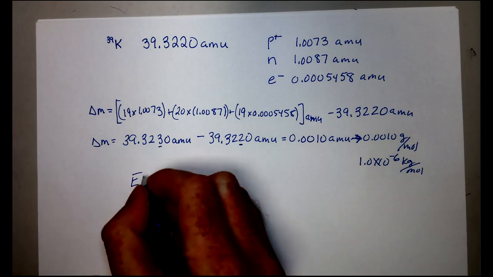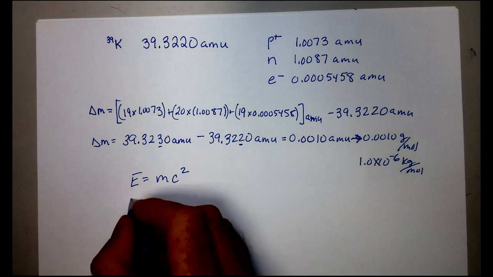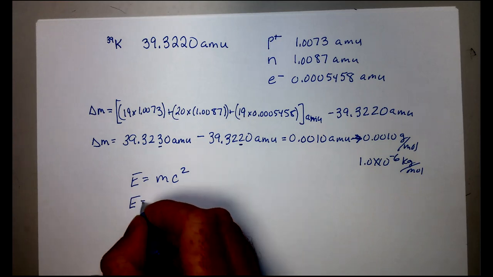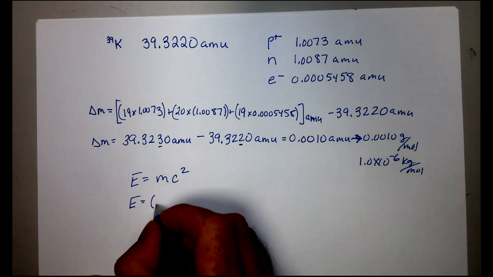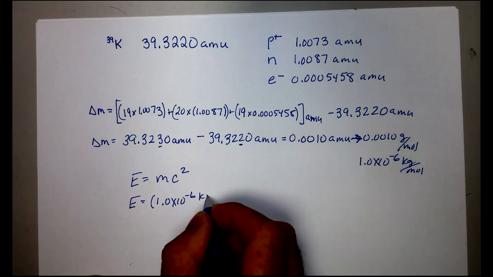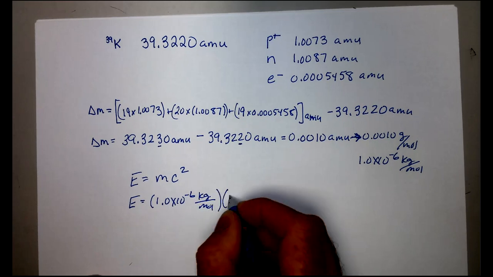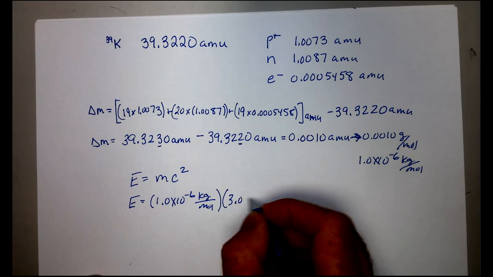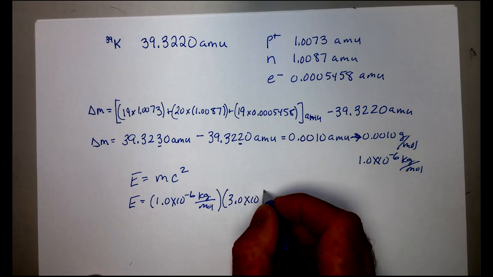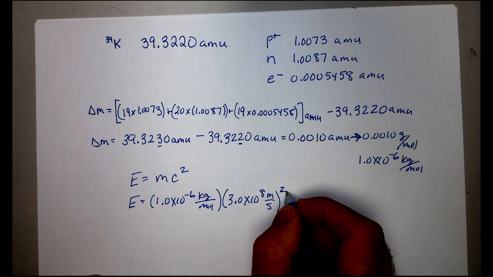E equals mc squared. I'll explain why we need to do that once we get the units going. 1.0 times 10 to the negative 6 kilograms per mole. Then we use the speed of light, 3.0 times 10 to the 8th meters per second, quantity squared.